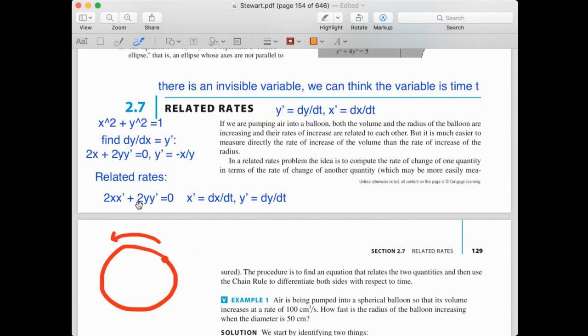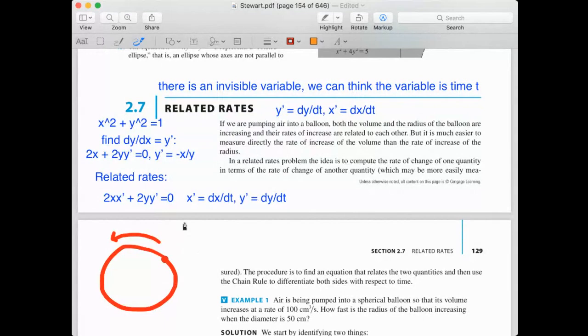I use lazy notation x prime, but my x prime is not dx anymore. My x prime is dx dt. How does the x value change in terms of t when I move around the circle? And the y prime, I'm going to call dy dt. How does the y value change in terms of time?